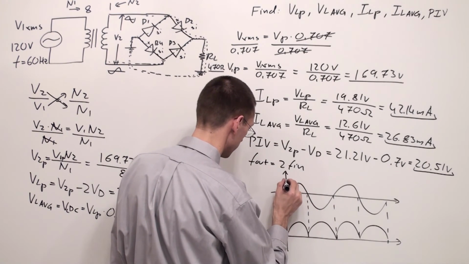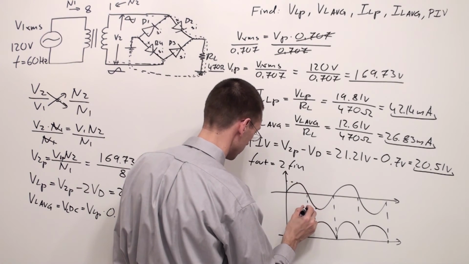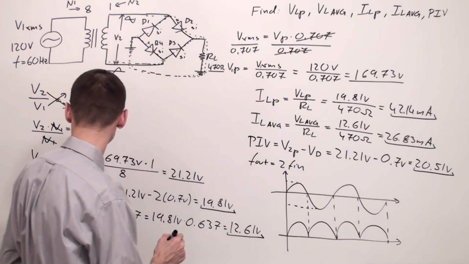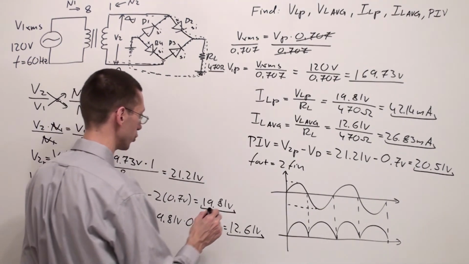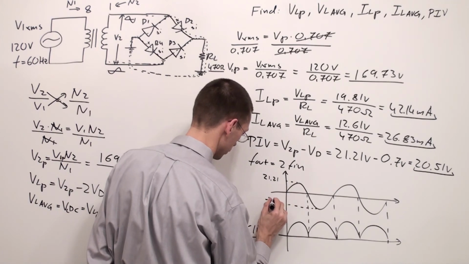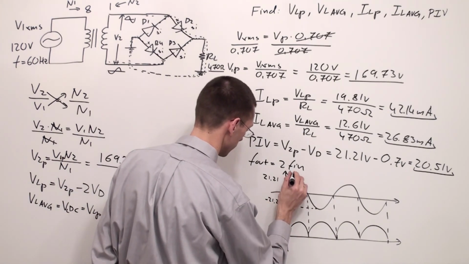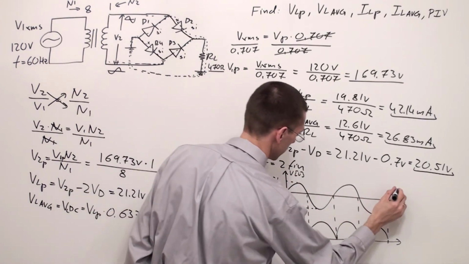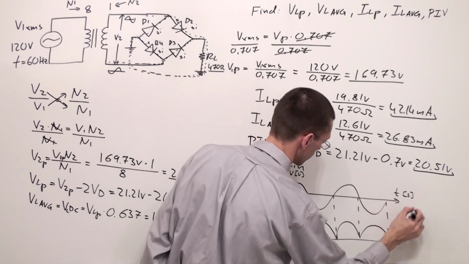This is my secondary voltage, which has voltage peak 21.21. This is negative 21.21. This is my voltage. This is my time in seconds.